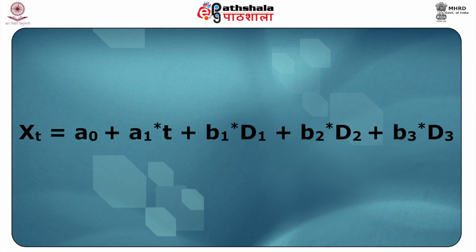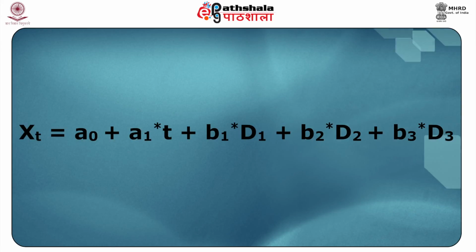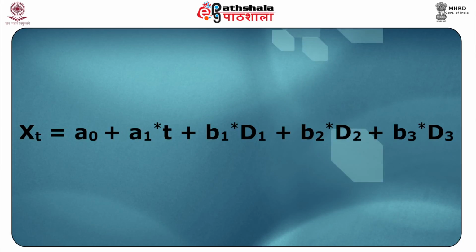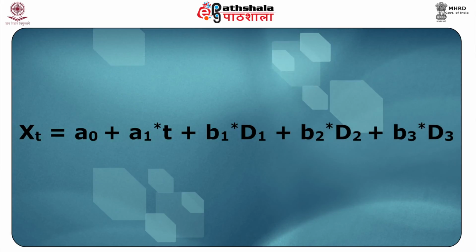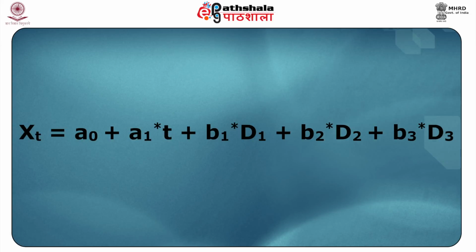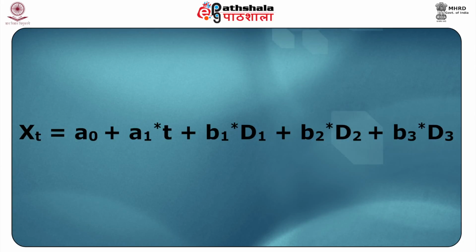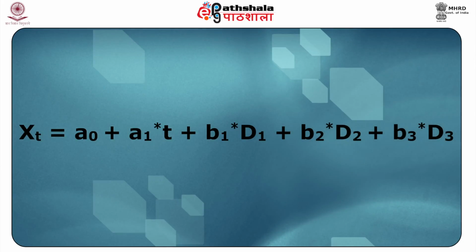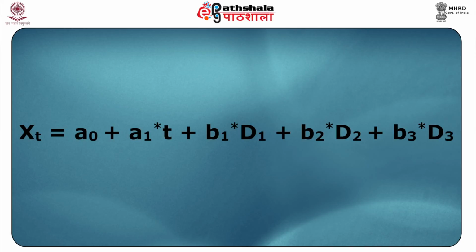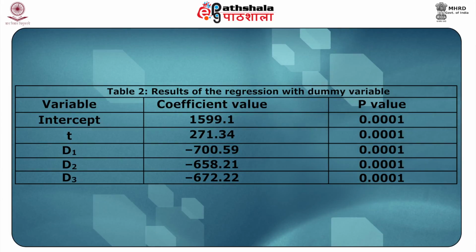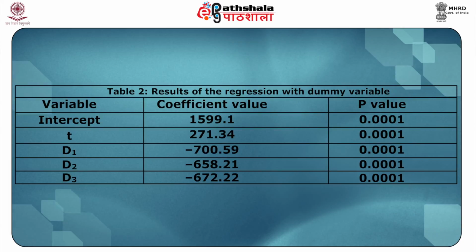The equation to be estimated is xt is equal to a0 plus a1t plus b1 d1 plus b2 d2 plus b3 d3, where d1, d2 and d3 are dummy variables for quarter 1, 2 and 3 respectively. Using the data, the manager estimates the equation and gets the following results. This we can see in the form of table.